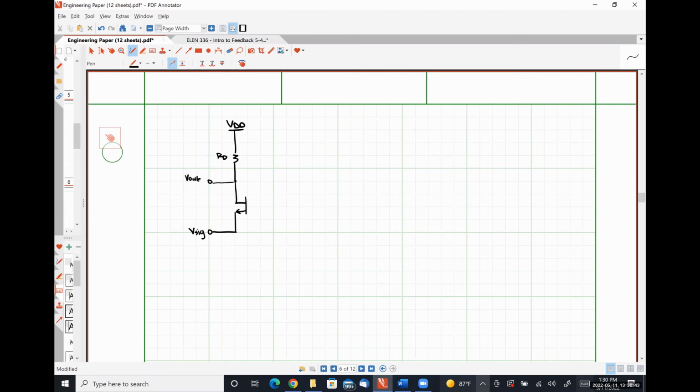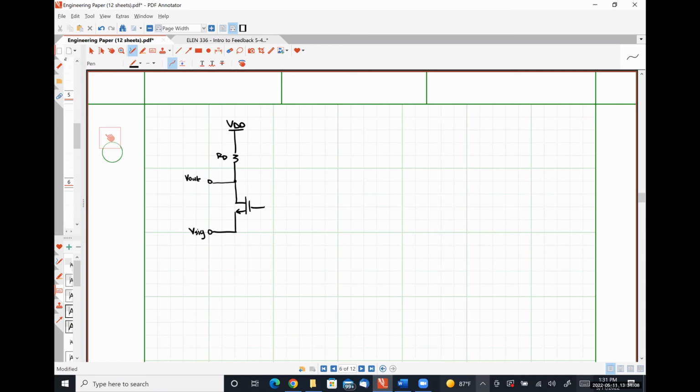And instead of having a traditional, so this would be a common gate amplifier, right? Traditionally, we would bias the gate side with a resistor placed between VDD plus and the gate, and then another resistor between the gate and ground.